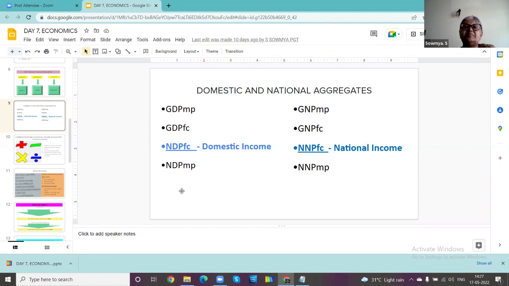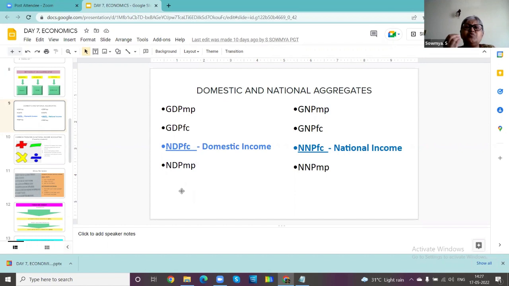Net is a concept that is very significant because it does not have depreciation. We have removed depreciation already, and it is a net concept. So that will give you the actual value addition that is made. They will understand the actual value addition made in the economy, or the actual value addition made by the normal residents, only if it is a net concept.